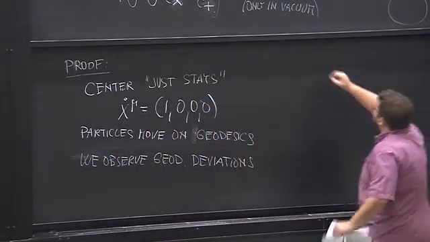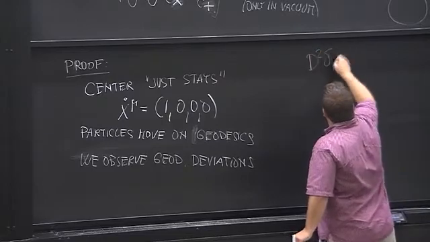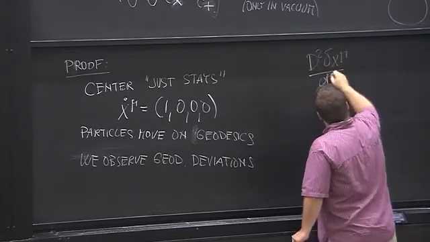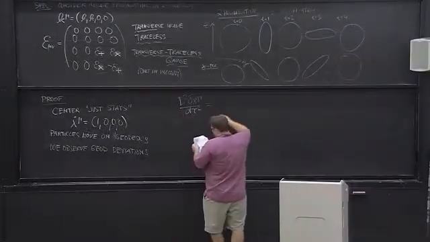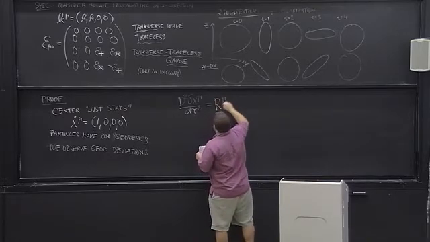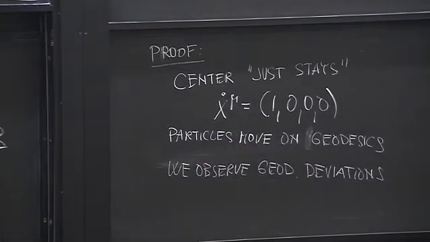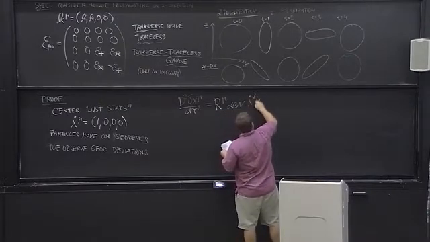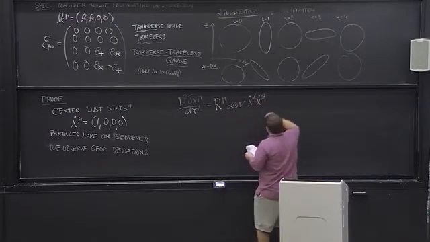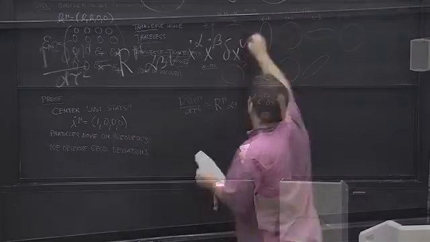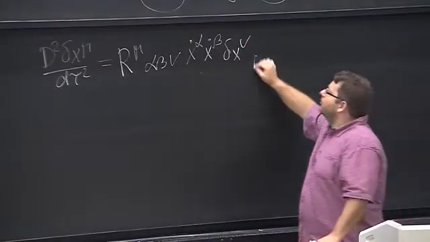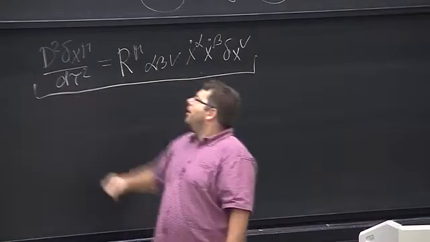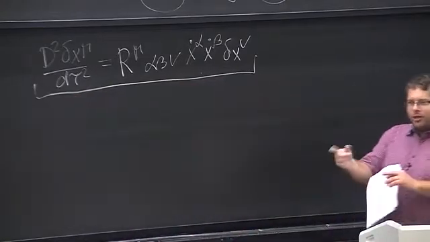So then the geodesic deviation equation is just d squared delta x mu over d tau squared equals R mu alpha beta nu x dot alpha x dot beta delta x nu. This is what we derived a couple of lectures back. So delta x mu is the deviation vector.